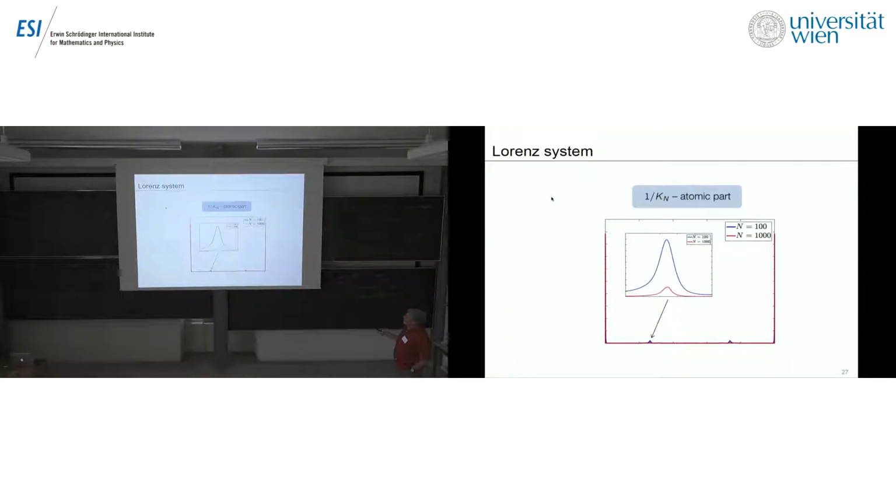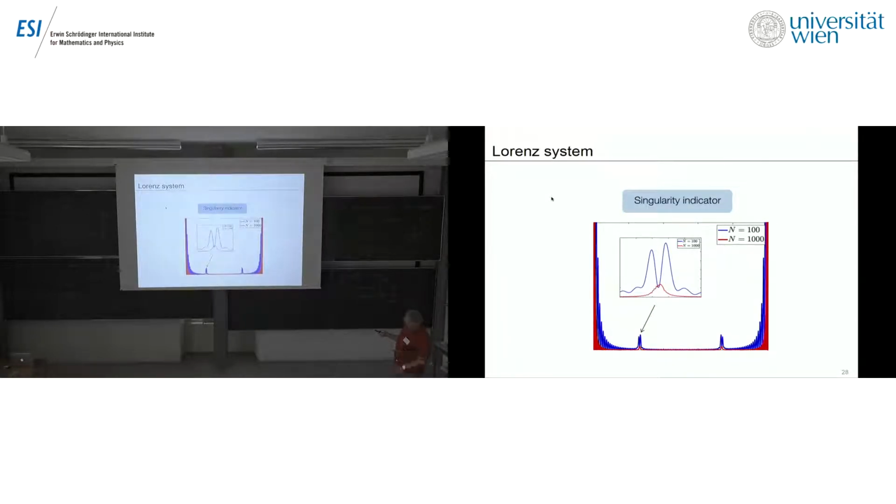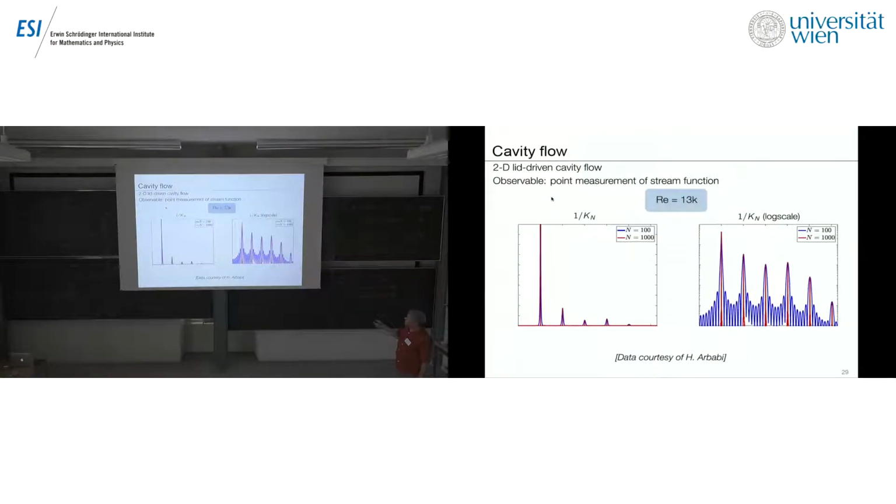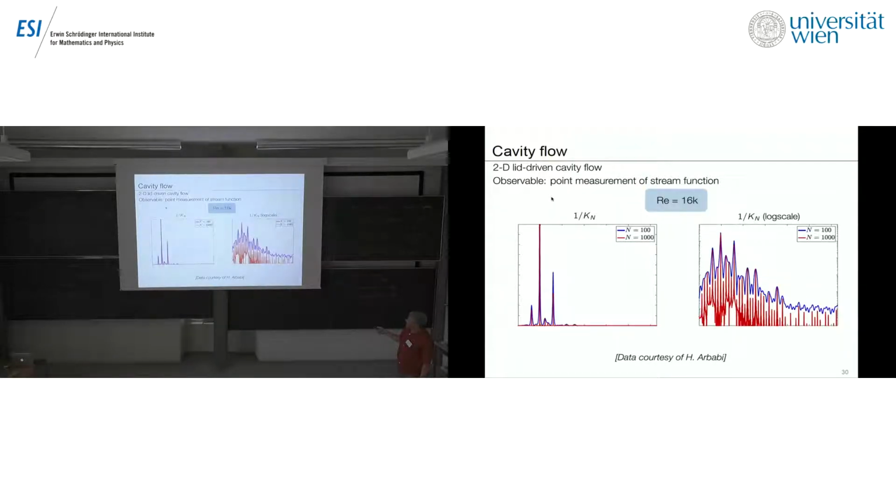And so on. I'll not go more into these details because I want to show you something else. The cavity flow, this is not known analytically, just big measurements, and here again we have an indication of singular continuous spectrum.